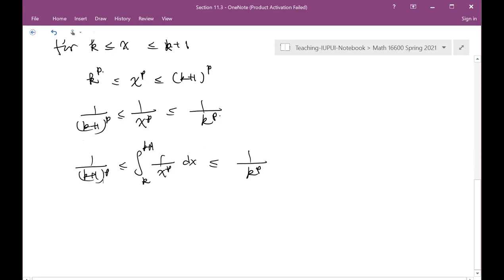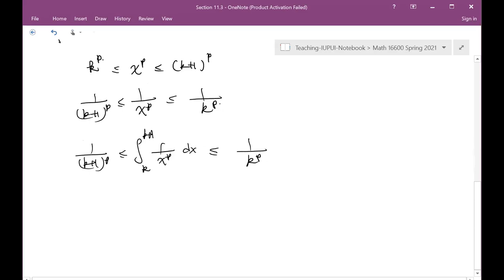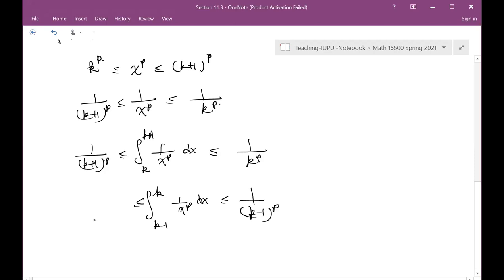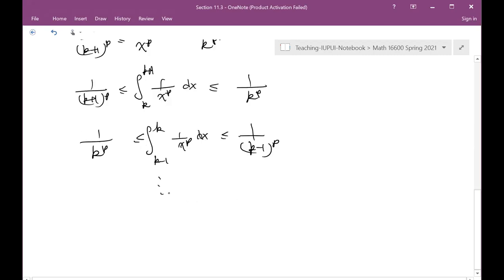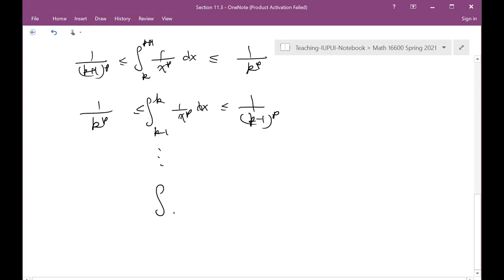Then you add them all together. Similarly, you can have the integral from k minus 1 to k of 1 over x to the power p, which is at most 1 over k minus 1 to the power p, and this one is 1 over k to the power p. Then keep it going, and the last one will be from capital N to N plus 1.